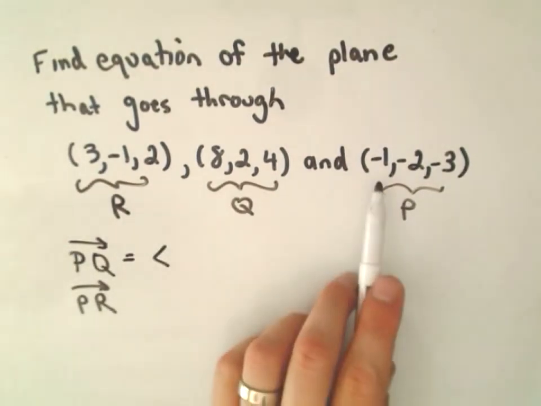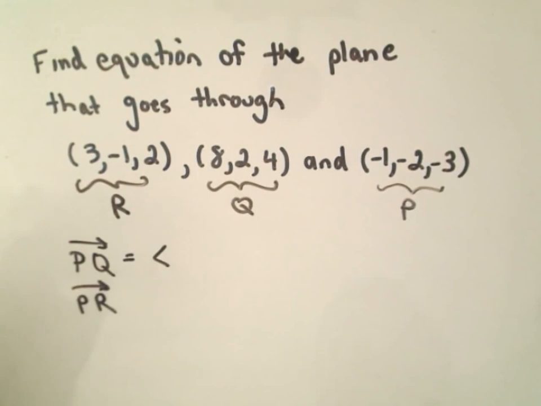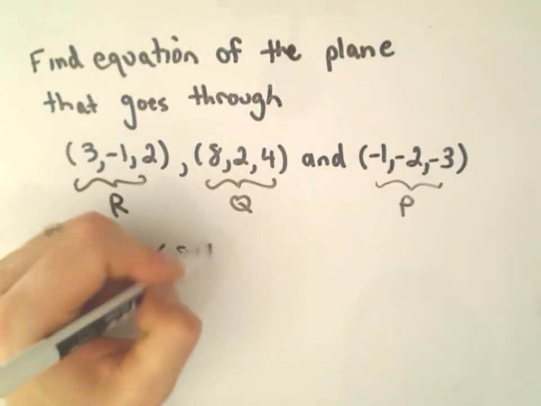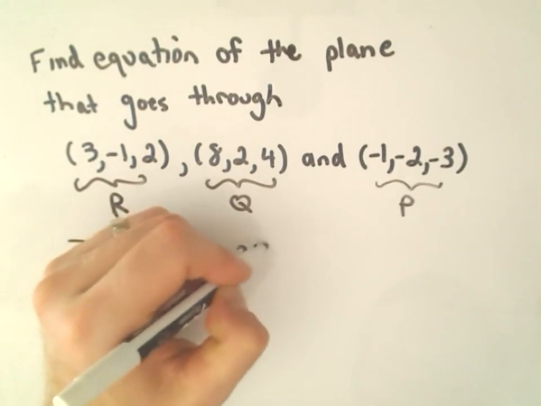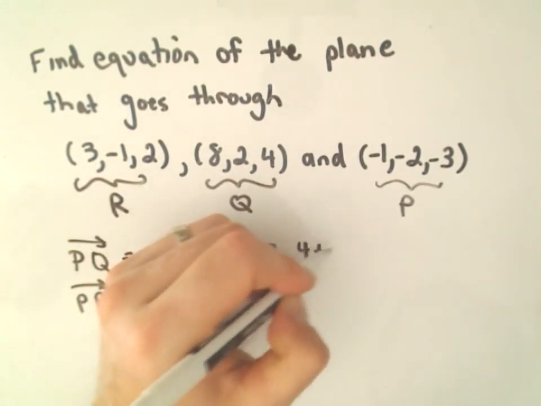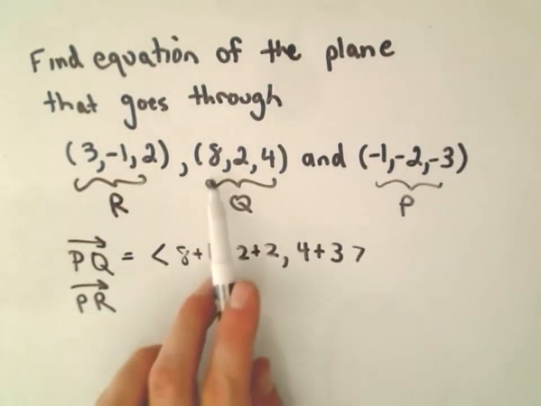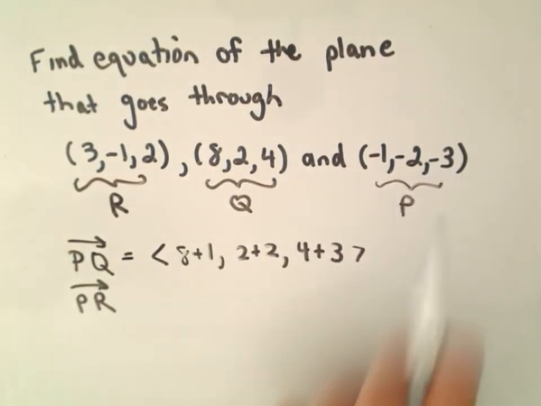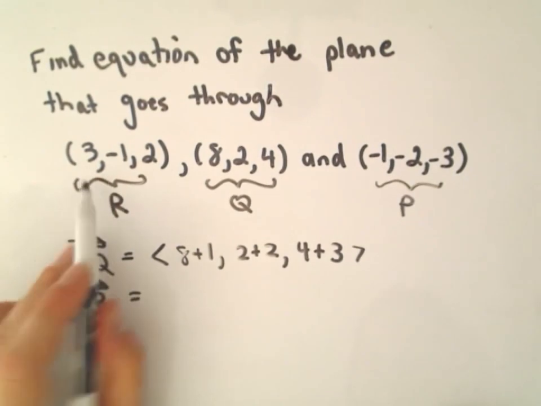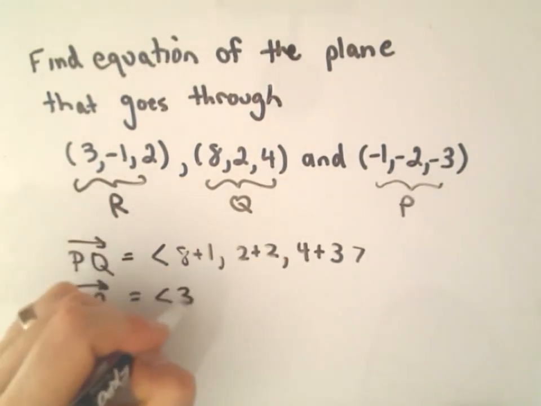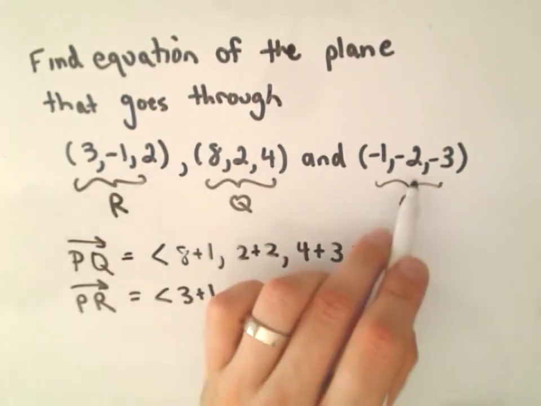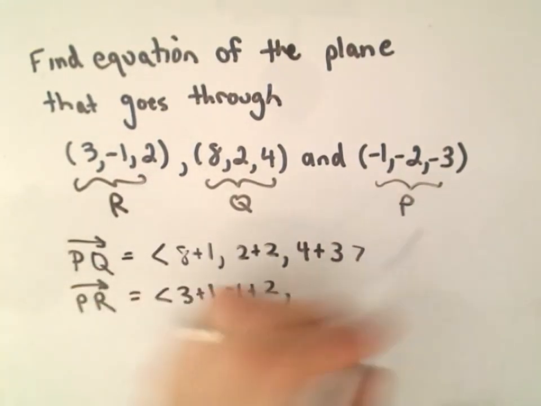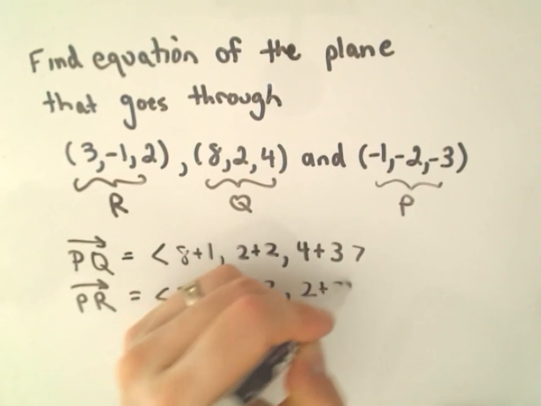So if we subtract respective components, from P to Q, we would get 8 plus 1, 2 plus 2, 4 plus 3. Remember, we subtract 8 minus negative 1, 2 minus negative 2, 4 minus negative 3. And P to R, we would get 3 plus 1, negative 1 plus 2, and 2 plus 3.